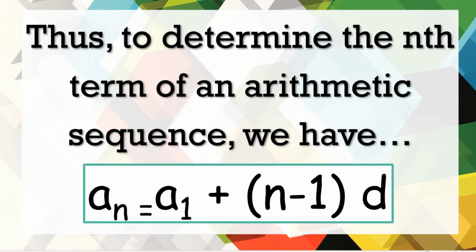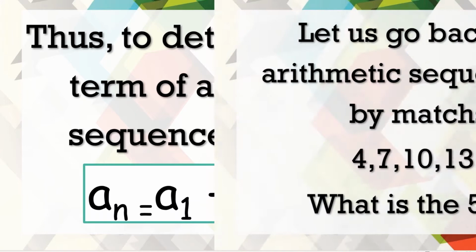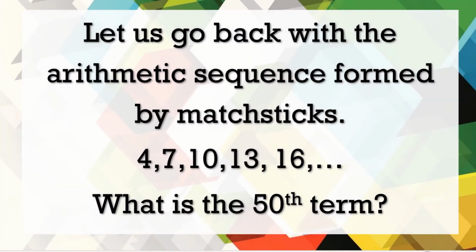Thus, to determine the nth term of an arithmetic sequence, we have a sub n equals a sub 1 plus n minus 1 multiplied to d. Let us go back to the arithmetic sequence formed by matchsticks: 4, 7, 10, 13, 16.